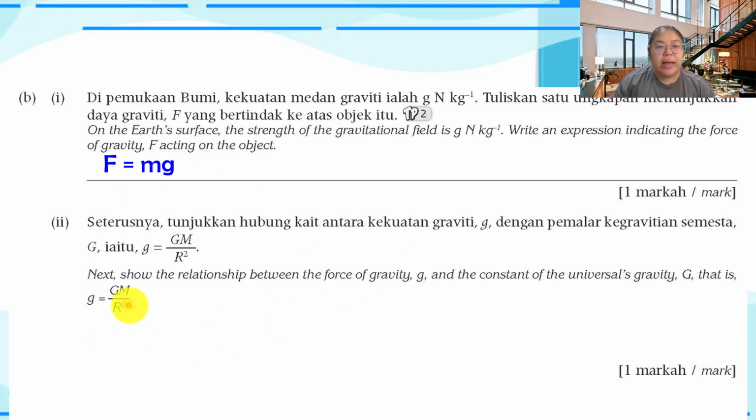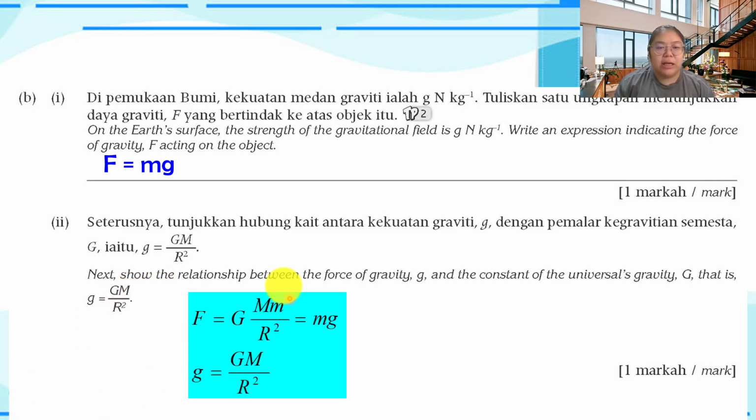So we can combine the two equations we just learned. We just write F equal this part. This one is the original. Before that, we talked about directly proportional and inversely proportional. Then F also equals mg when we're just talking about gravity. So now the small m we can cancel, because the small m is the mass.